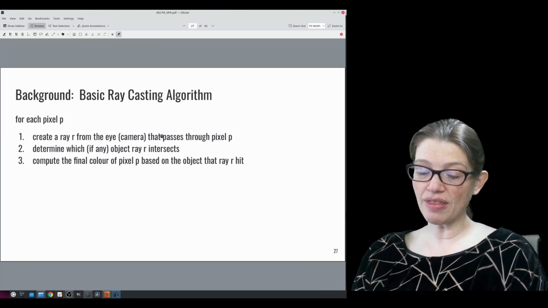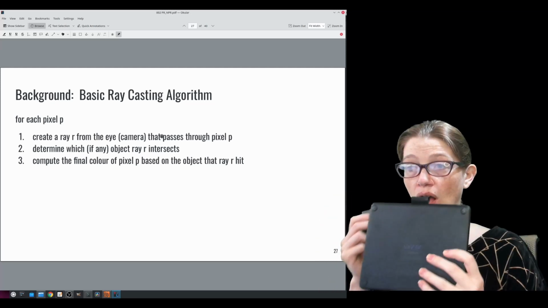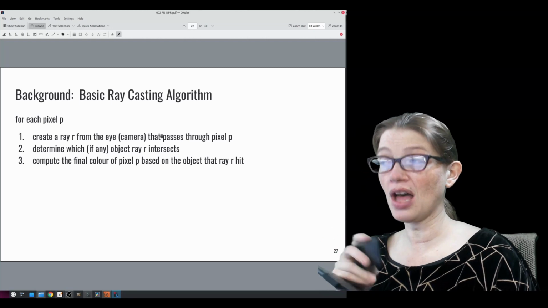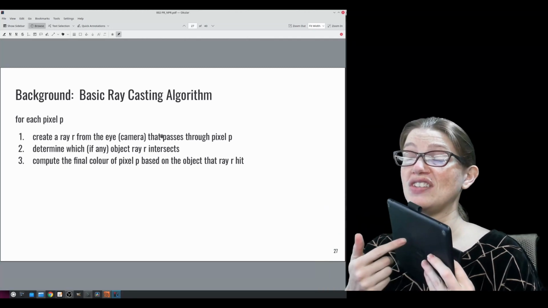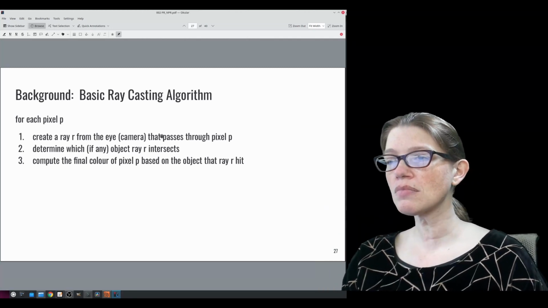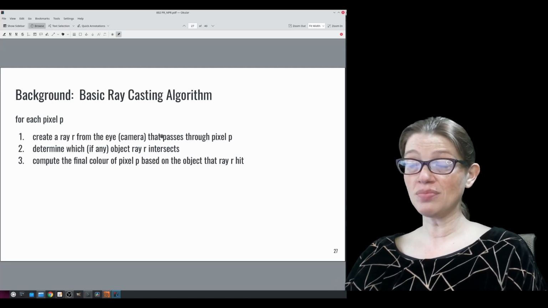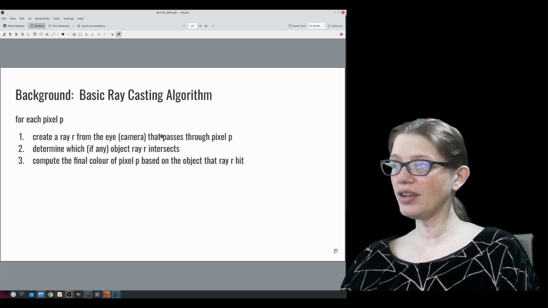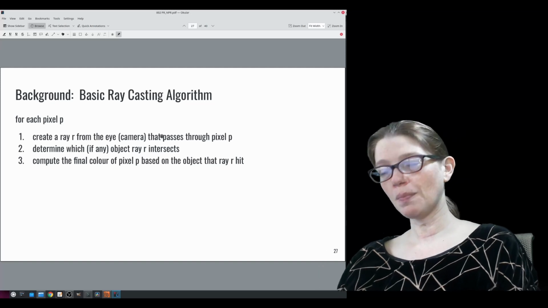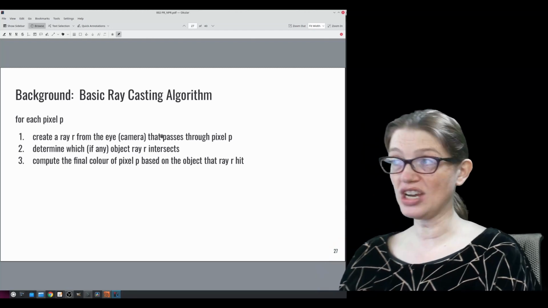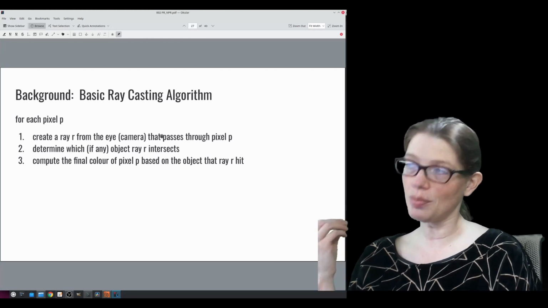Now, it is possible that that ray is going to intersect several objects. And I don't want to know about every object that the ray intersects. I want to know which one it intersects closest to the camera. And once I know if it intersects an object, I'm going to compute the final color of the pixel, which in the case of raycasting is just the color of the object.